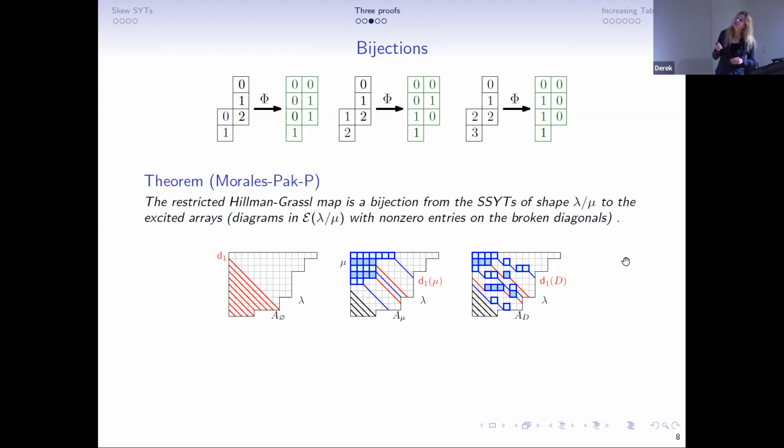So the bijection basically tells us that the skew semi-standard Young tableaux under the Hillman-Grassl map correspond to exactly the excited diagrams.